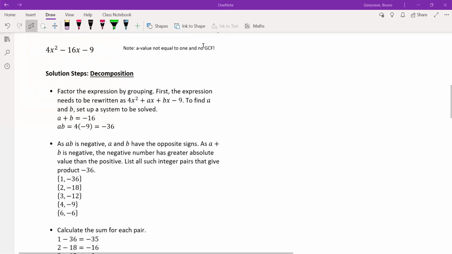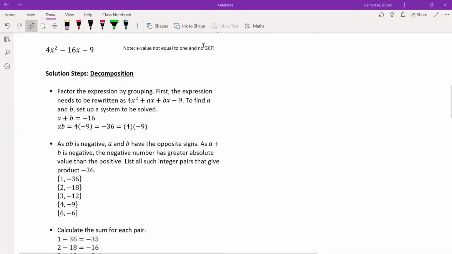It should be familiar because we talked about elimination and substitution earlier on in the course. So you have two numbers that have to add to negative 16, but they must multiply to negative 36. Remember, that's coming from the A value multiplied by the C value.